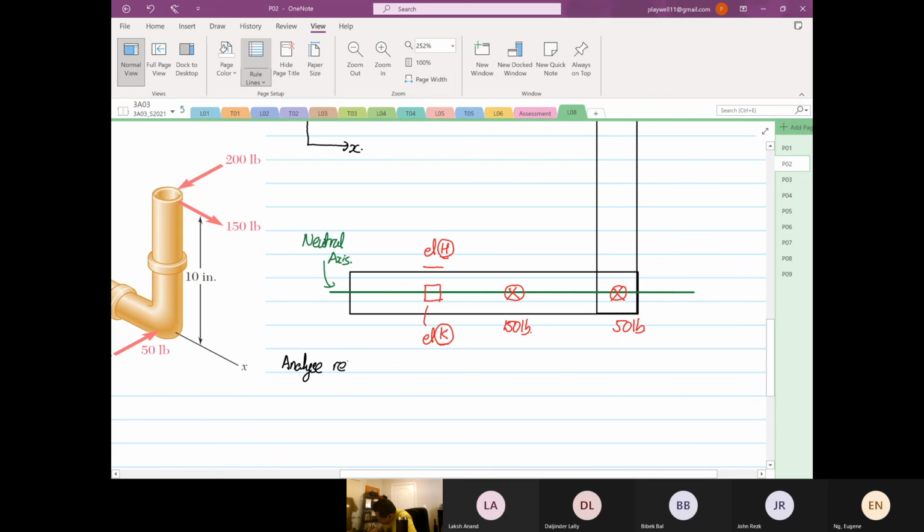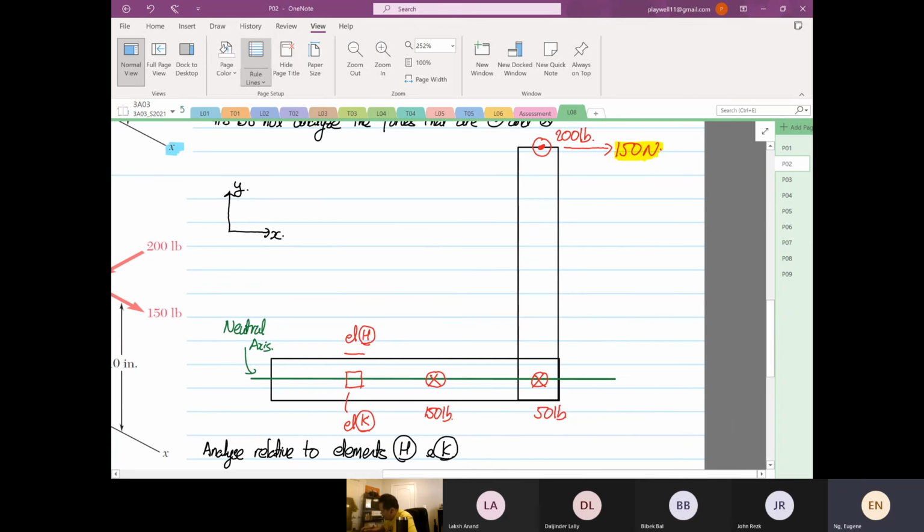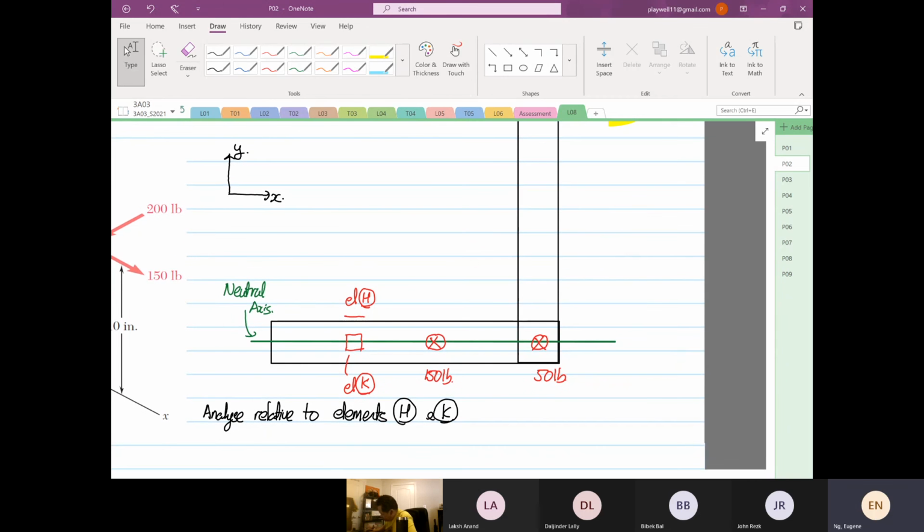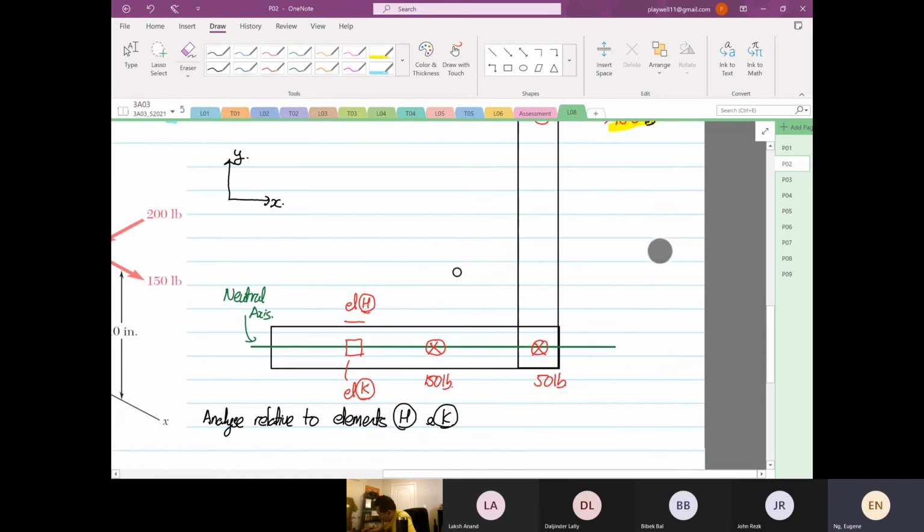relative to elements H and K. Okay. So the 150 pounds, sorry, come on, Eugene. The 150 pounds that you see over here, do you see the 150 over here?